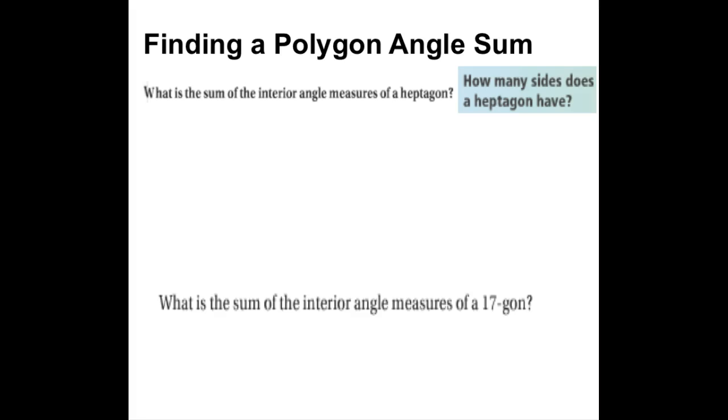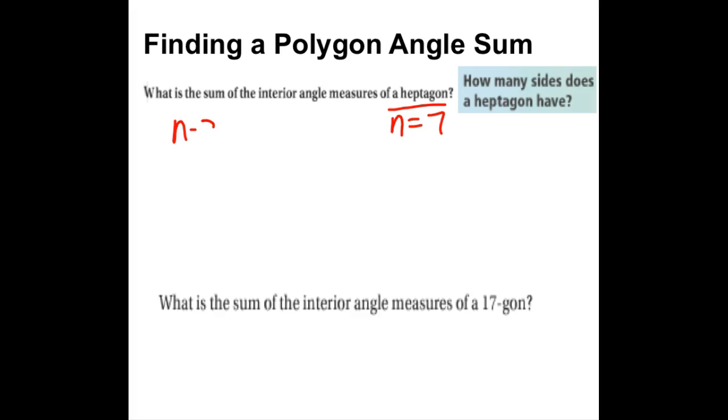Nonagons are 9. Decagons are 10, and dodecagons are 12. We are going to talk about those like we assume you already know what they are. So if you get to a problem on your homework and you're not sure how many sides it has, look it up. All right? So if it is a heptagon, that means that n, the number of sides, is 7.